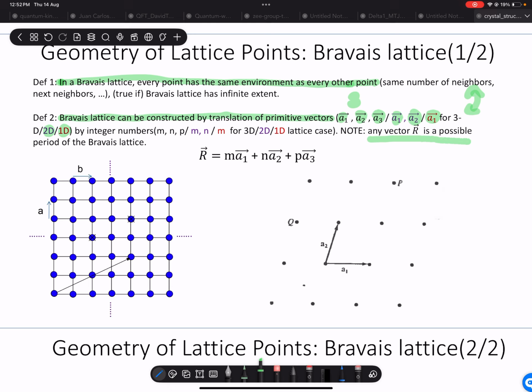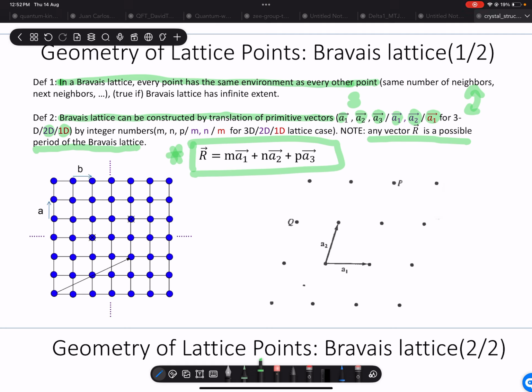Note any vector R is a possible period of a Bravais lattice. So any lattice point can be described by this R vector, right? This is the quintessential feature of the Bravais lattice.